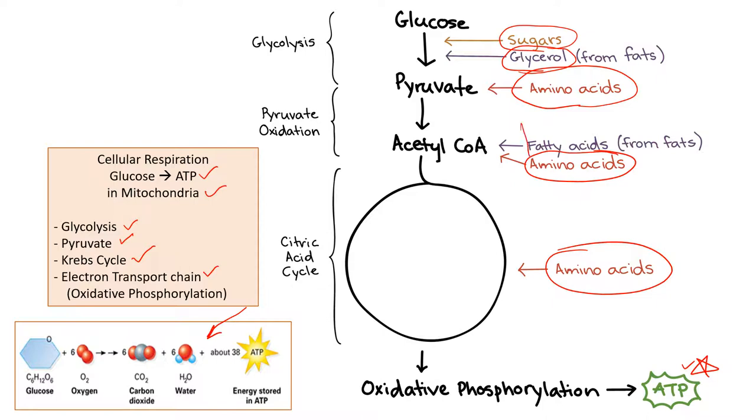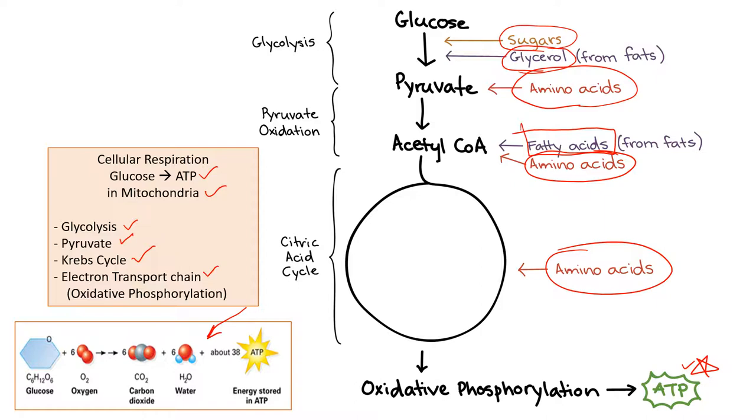And then you also have your fatty acids here, because remember, the fats were broken down into glycerol and fatty acids. The fatty acids can enter the cycle as well. So I'm not asking you to memorize where all these things enter the cycle to end up making ATP. The point was that all of these building blocks have the ability to end up making ATP in the end.